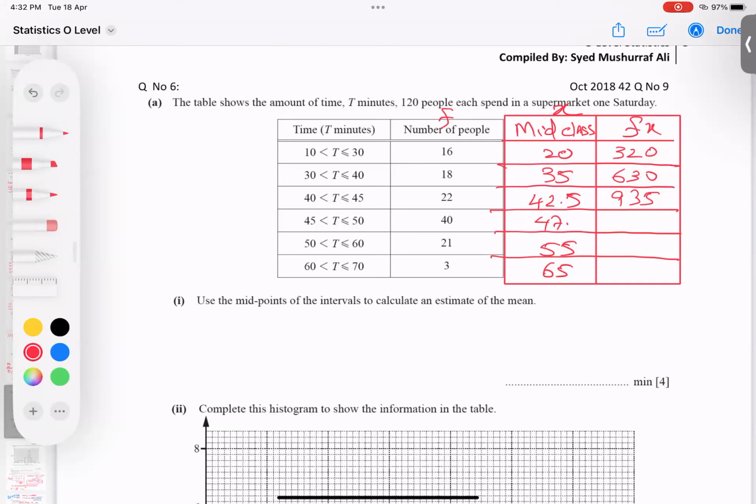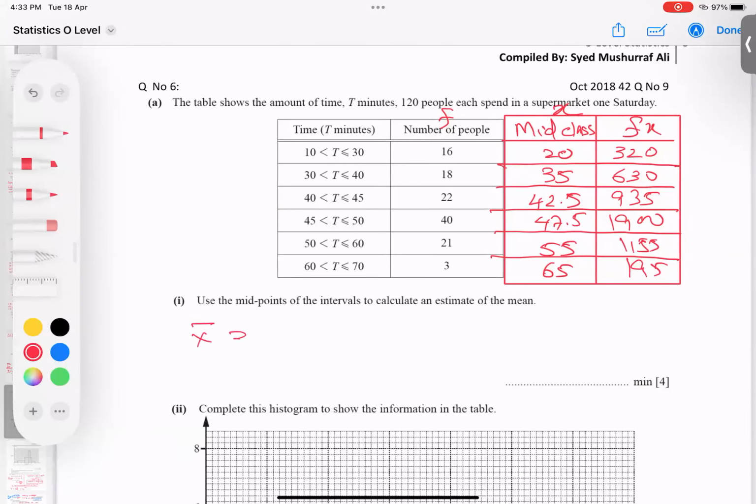Yes, 47.5. Now next is 47.5 times 40, and the answer is 1900. And next 21 times 55 gives 1155. And next 65 times 3, and I got 195.